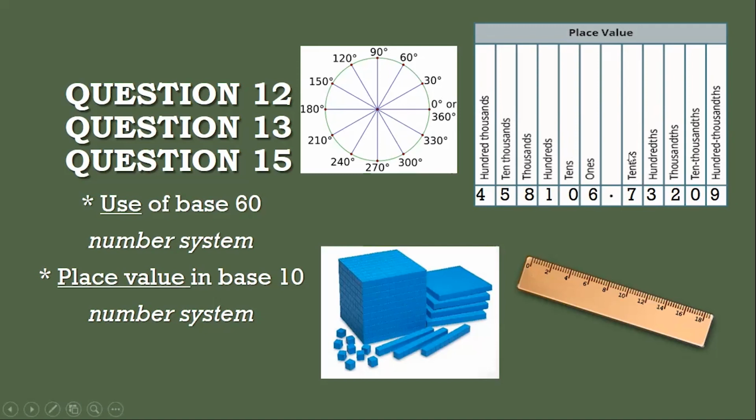To the right-hand side, it's 10 to the power of minus 1, minus 2, minus 3, minus 4, minus 5. So it is a base 10 number system, and the place where a digit stands in the number helps us understand the value of that digit.